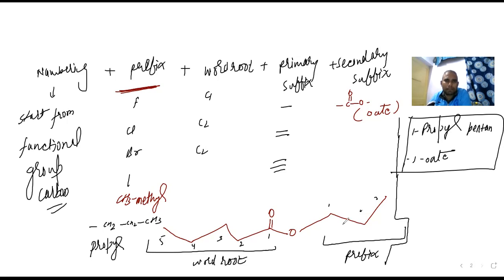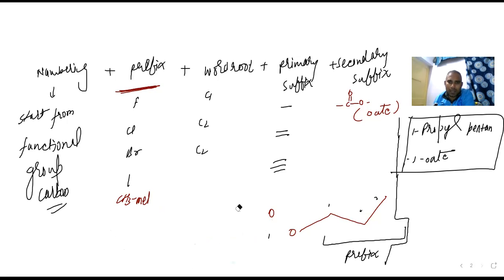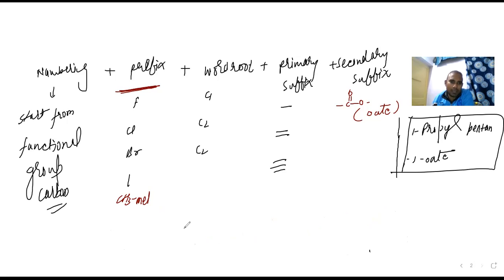Let us write down two more examples. We are going to see what the next example is. Here you see double bond O. Here is an O-ethyl group.